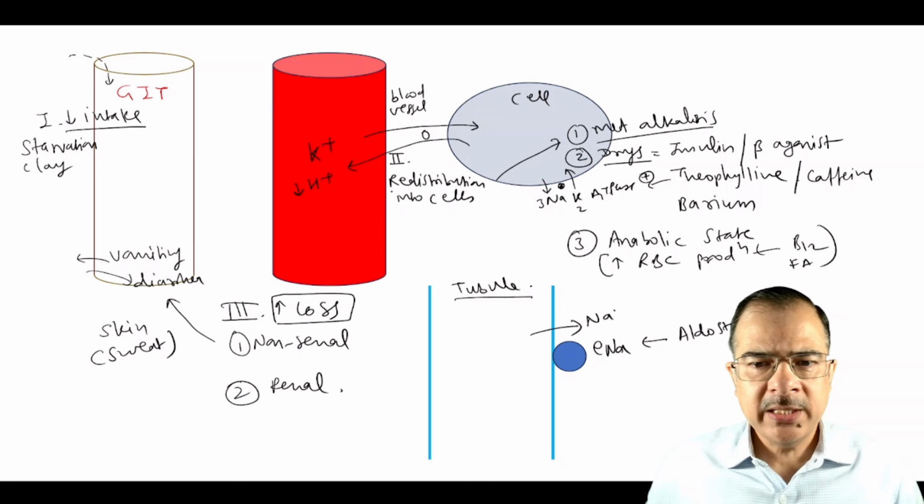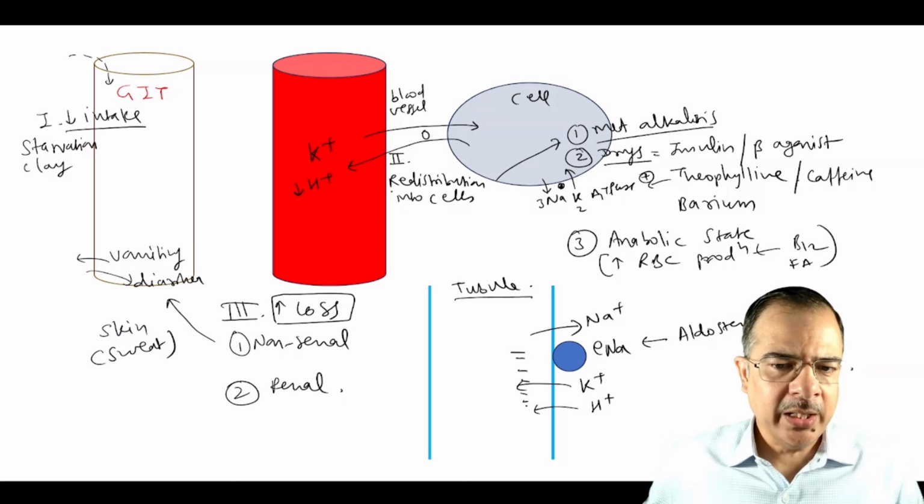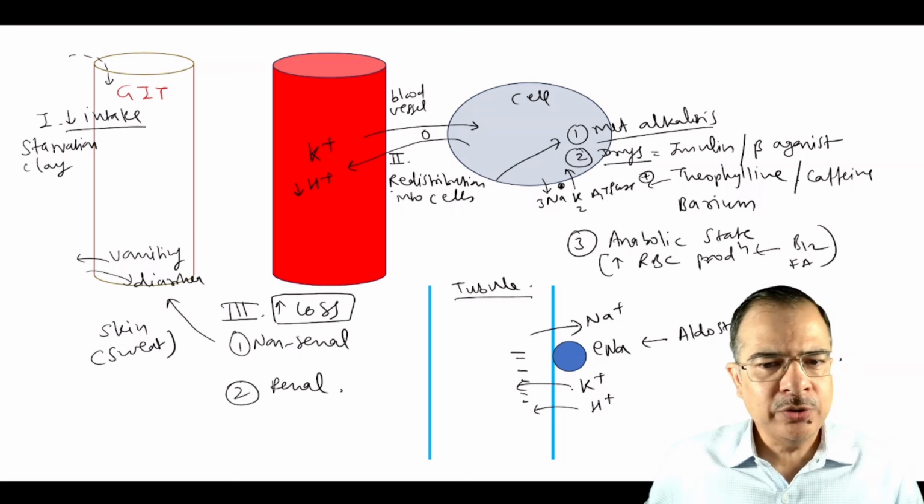If sodium is absorbed here, the lumen becomes more negative. As a result, K plus is excreted out, and there will be release of H plus also. So this is due to the effect of aldosterone: the ENaC is activated, and the negative charge inside the tubule leads to excretion of potassium.